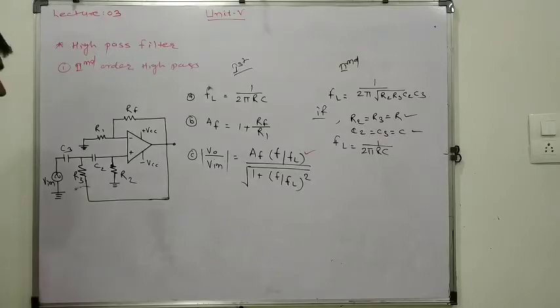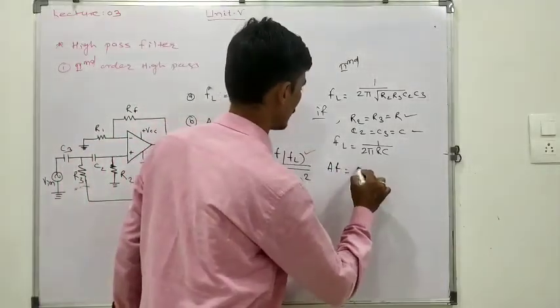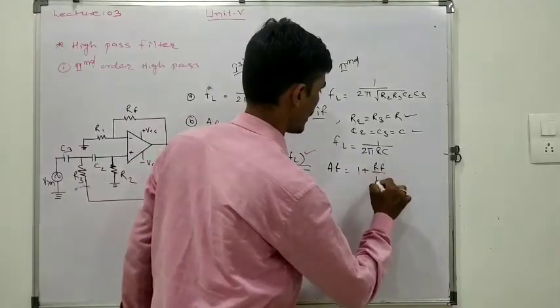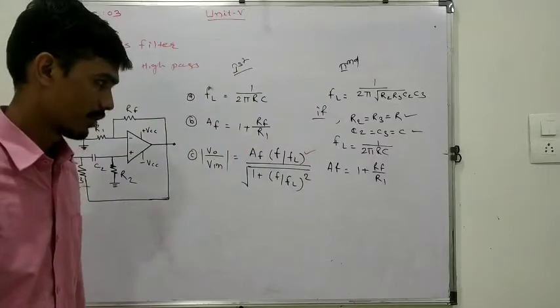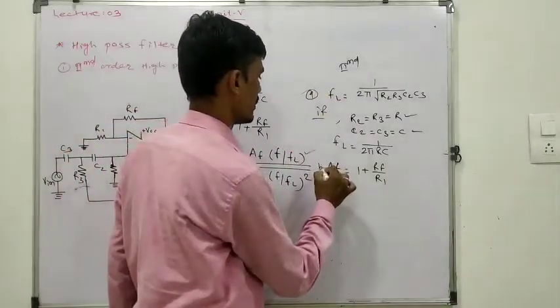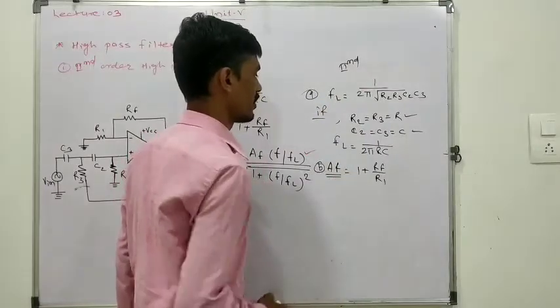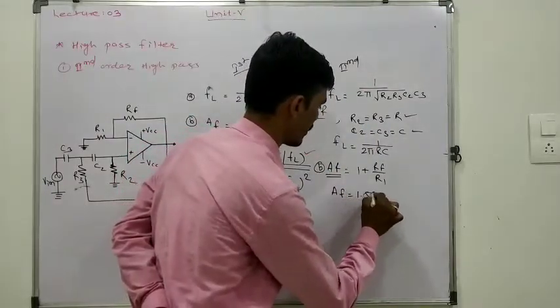Now the gain, AF. AF is equal to 1 plus RF by R1. But if the gain is not mentioned in the problem, there may be a chance of that, in that case we have to assume AF is equal to 1.586.